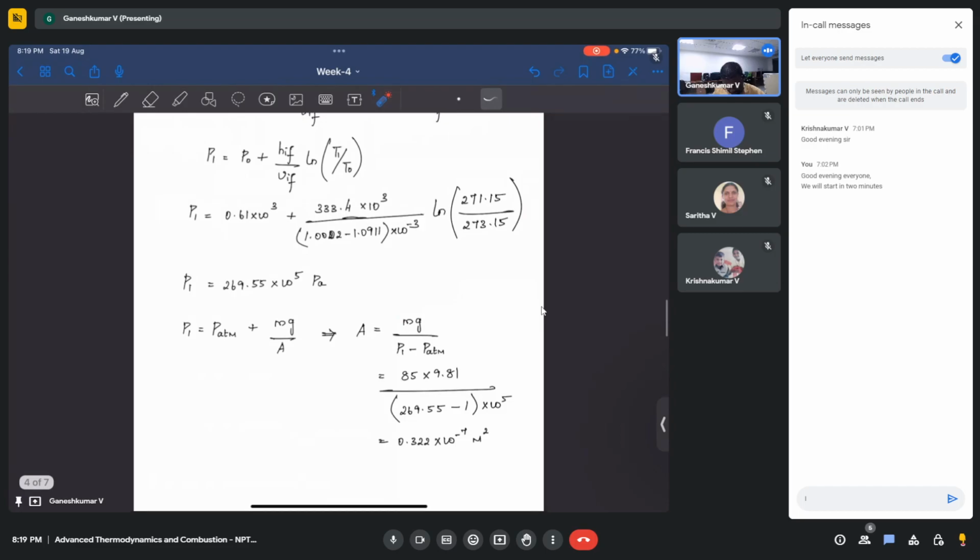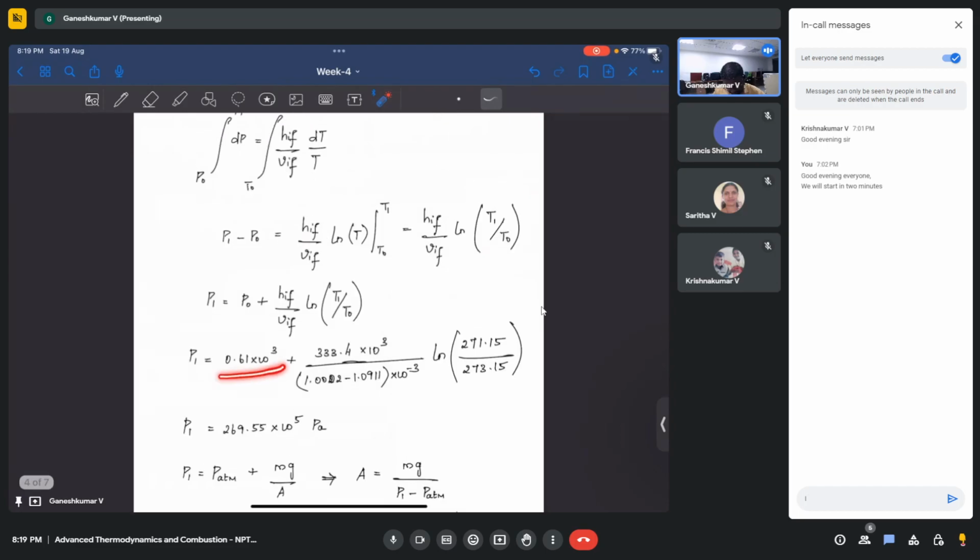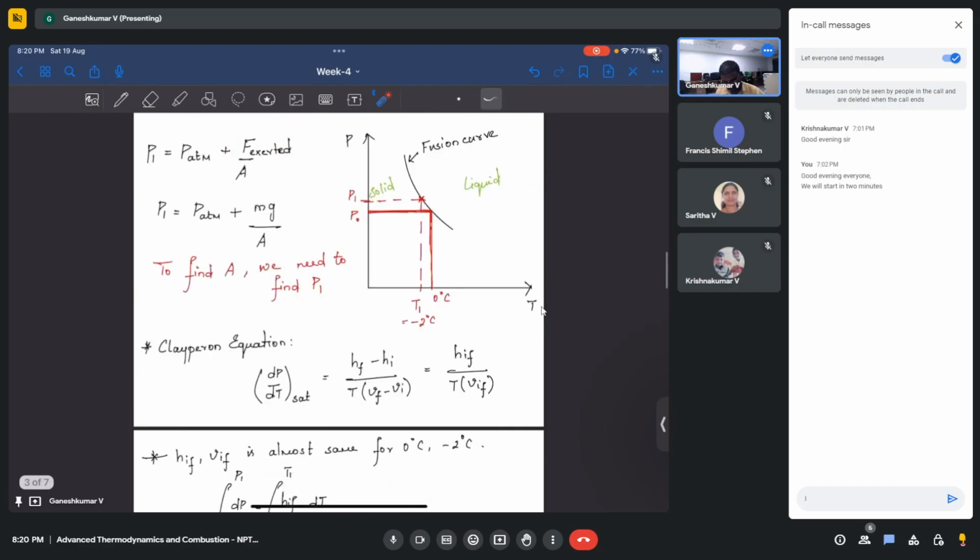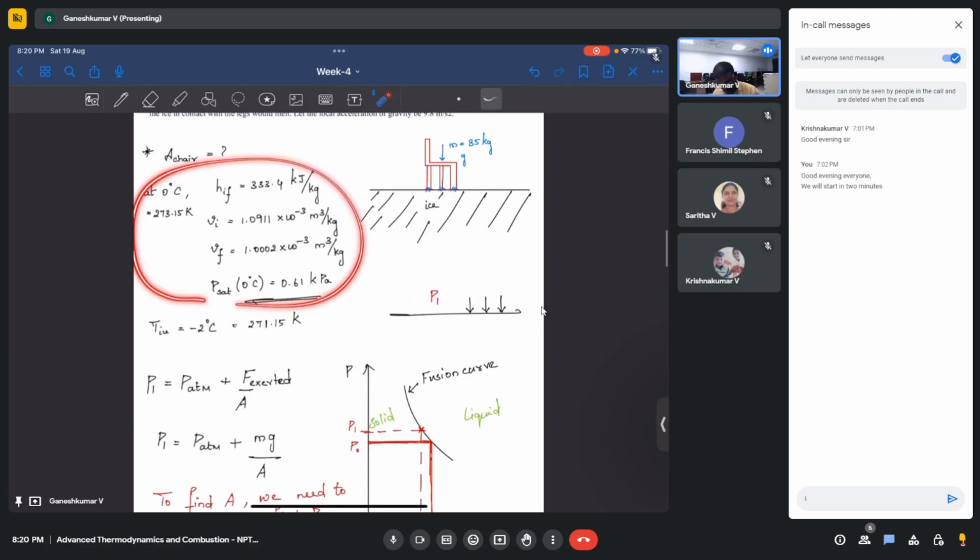At 0 degrees Celsius, the saturated pressure is 0.61. This is the saturated pressure at minus 2 degrees Celsius. Is that clear? With the given data, we are trying to find the saturation pressure at minus 2 degrees Celsius, because we require it to find the maximum safe allowable pressure that can be exerted on the ice.